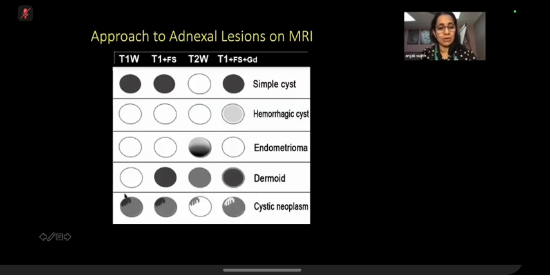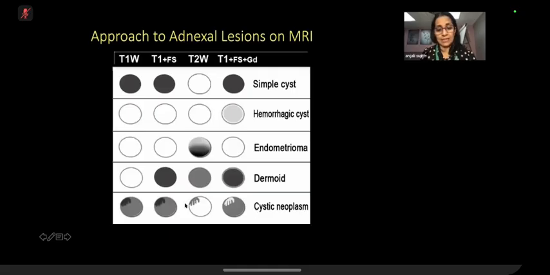Whereas a dermoid, because of its fat content, will be bright on T1 and suppress, becoming dark on the T1 fat saturated image. It doesn't mean that the entire lesion has to become dark. It's only the fat component that gets suppressed. On T2 it is of intermediate signal and will not enhance.